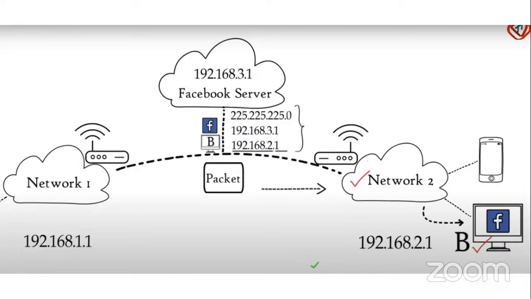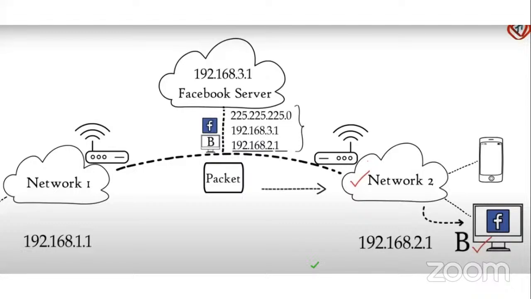And what is the source IP address? Source means the Facebook server only. From where are you getting the Facebook page? 192.168.3.1, sir. These two IP addresses will be added to each and every packet requested by system A in network 1. The first 3 numbers indicate to which network it has to send the packet, either network 2 or network 1.